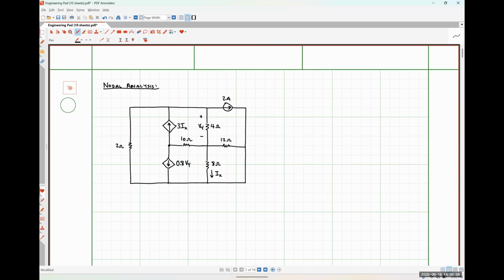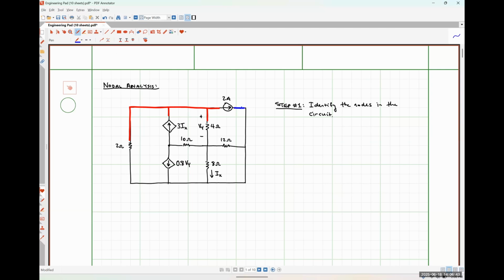So our first step, and I'm going to start out writing the steps over here to the right, is simply going to be to identify all of the nodes in our circuit. So I'm going to identify my nodes, much like I've done with every other thing. I'm going to use different colors. So I'm going to have this red node at the top left of our circuit.